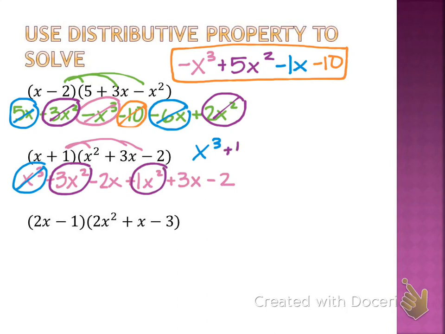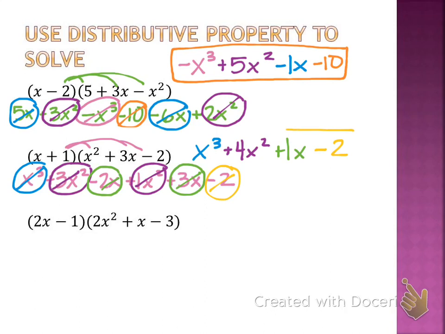Add those together to get 4x squared. My next term is going to be negative 2x and 3x, which is going to give me 1x. And lastly, my last term is going to be negative 2. Negative 2 does not have a like term, so it just stays on the end by itself.